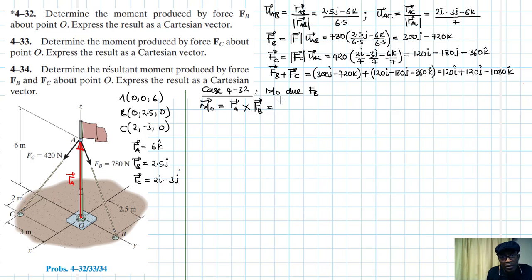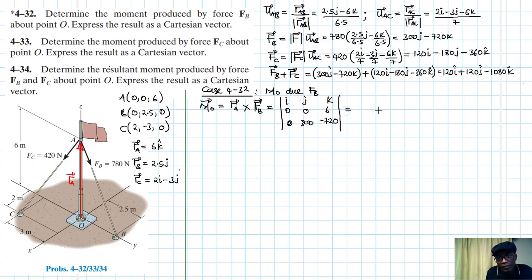Okay, so we have I, J, K. So we have RA there 0, 0, 6, and then we have FB. What is FB? FB, we found it as 0, 300, then minus 720.